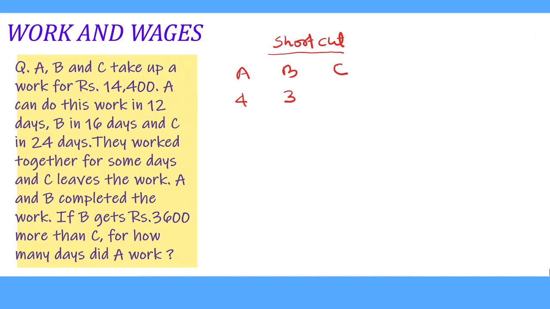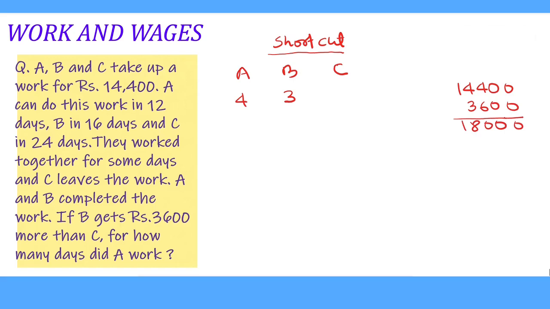Now we know that the total amount is 14,400. B gets 3,600 more than C. If C also gets 3,600, then we add 3,600 to 14,400, and that makes the amount 18,000. Now we have to distribute the 18,000.